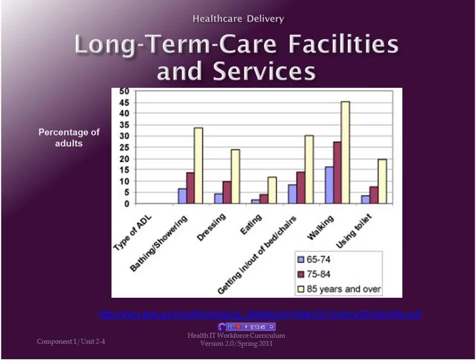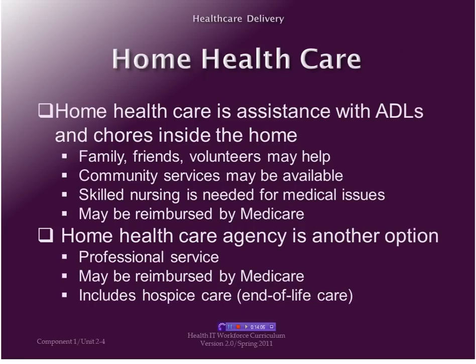That was the point of this graph: you've got the percentage of adults, and the yellow bar is 85 and older, and people are historically living longer. So every 10 years, basically, that need for help with the things that you and I do every day and take for granted, using the toilet, for instance, is more than doubling. So there's a great need for this type of care.